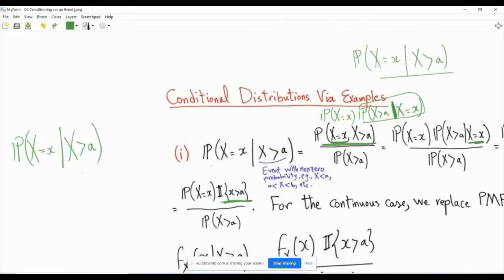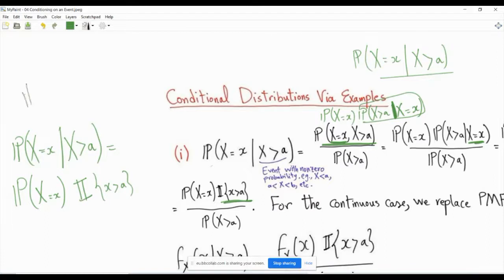Someone told us that for some reason our random variable must exceed A. Then this conditional probability will be the probability that big X is equal to small x, times the indicator that small x is greater than A, which makes sense, by the way, because if you condition that big X is greater than A, and this value small x is less than or equal to A, then this thing should be equal to 0.